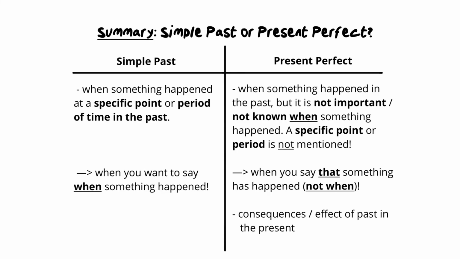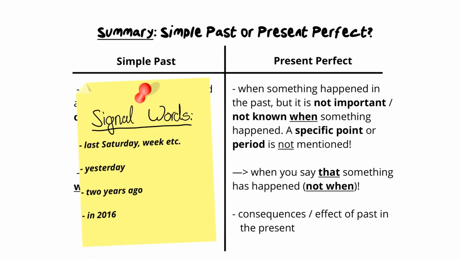To sum it all up, you use the simple past when something happened at a specific point or period of time in the past. So when you want to say when something happened, signal words are last Saturday, week, yesterday, 2 years ago, and so on. You use the present perfect when something happened in the past, but it is not important or we simply don't know when something happened.